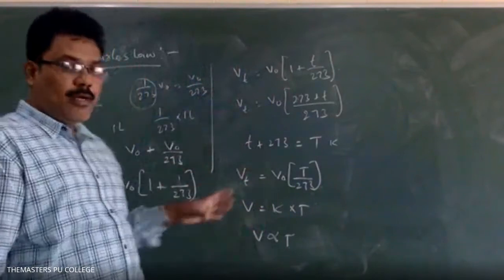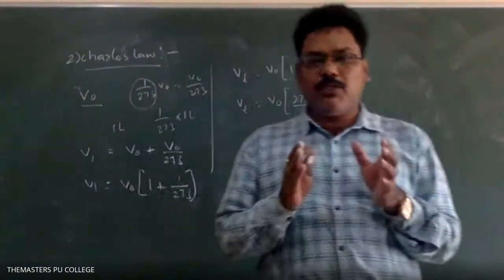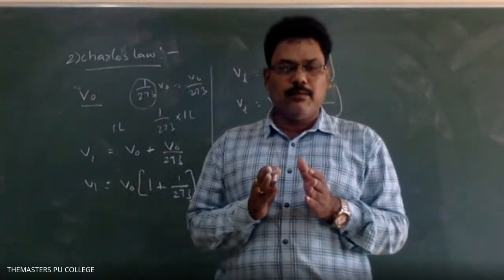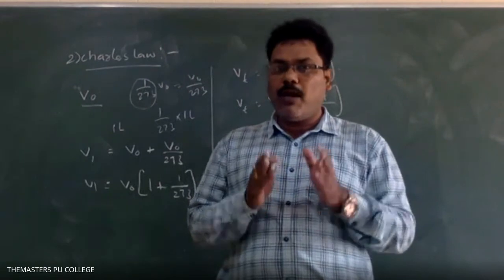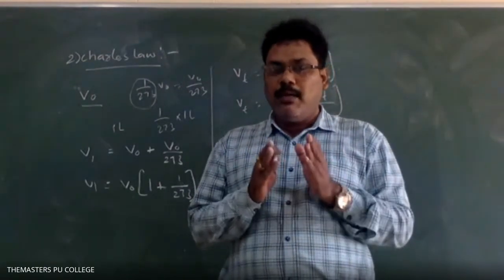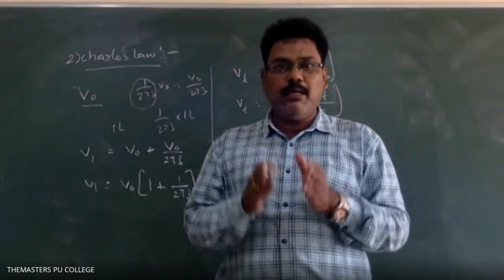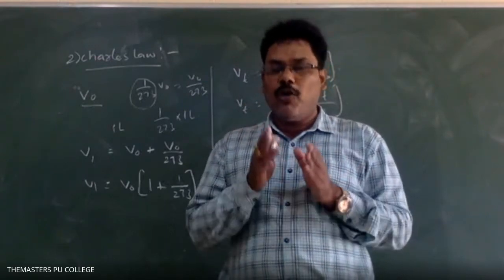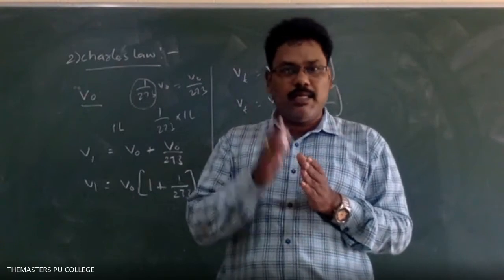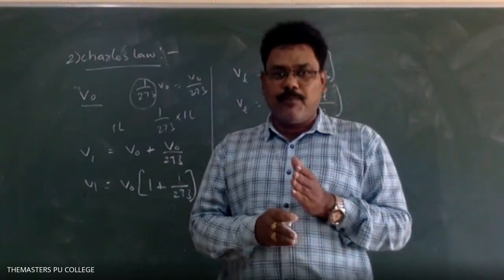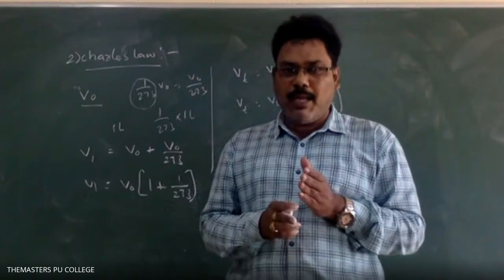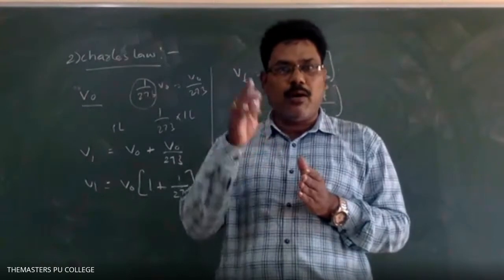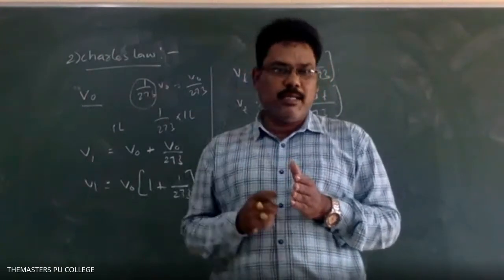First statement of the Charles law: at constant pressure, for a fixed amount of gas, the volume of the gas increases or decreases by 1 by 273 times of its initial volume for each increase or decrease of 1 degree Celsius temperature.